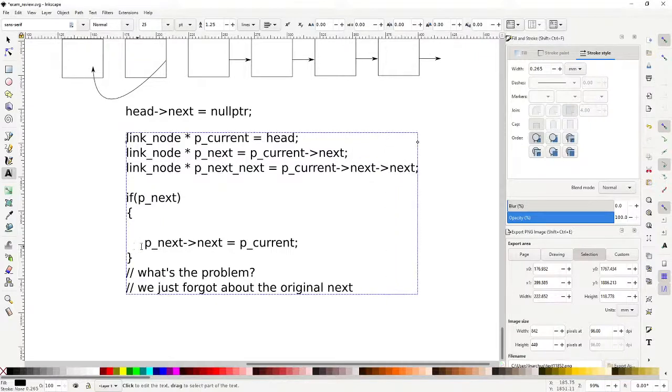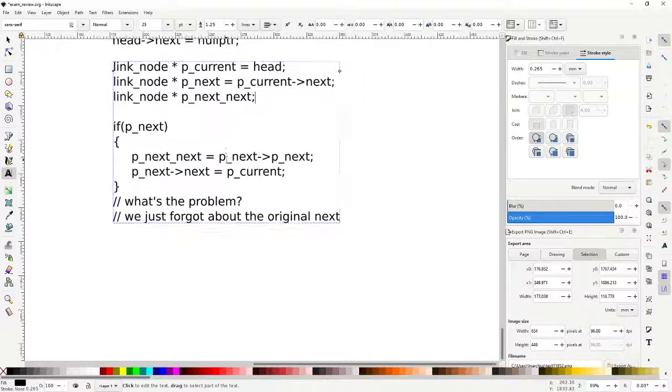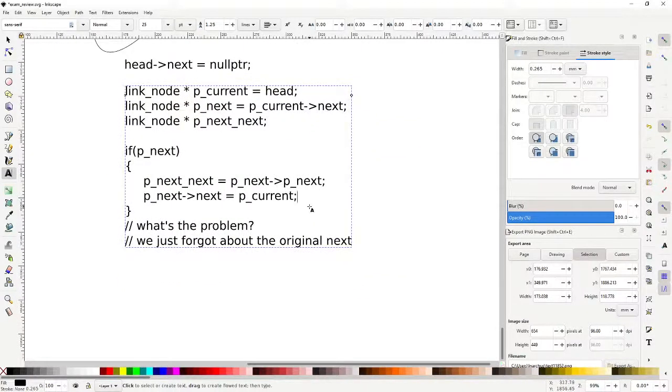What we need to do is make sure that this is always updated. So if p next, then p next dot next is equal to p current. So that's all we have to do. We can actually get rid of this, and there we go, done. And so that's how we prevent forgetting.